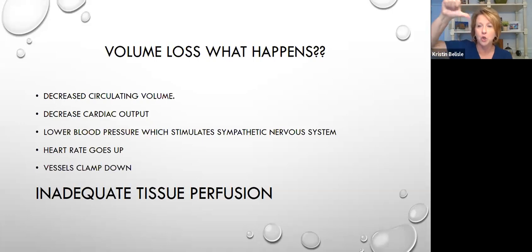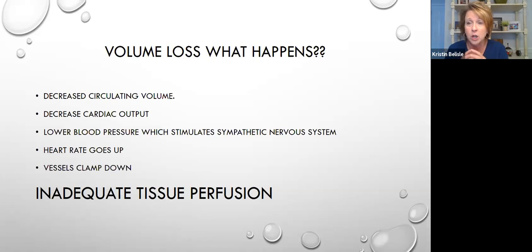My blood pressure is going to go down, and my vessels will start to clamp down to try to shunt volume to maintain brain, heart, major organs, but brain and heart. When it gets to a certain level, the body will still continue to try to do brain and heart, but it won't do kidneys, it won't do the GI tract, it won't do skin, it won't do those other organs because it doesn't have enough.